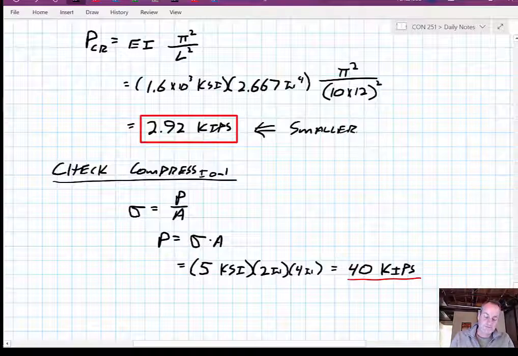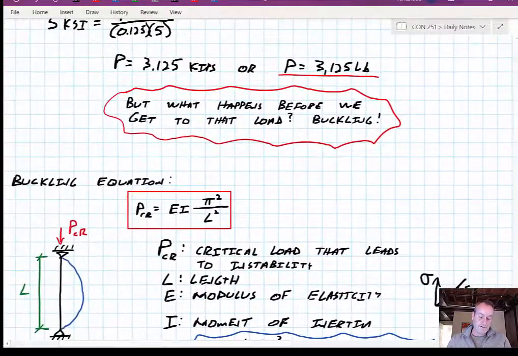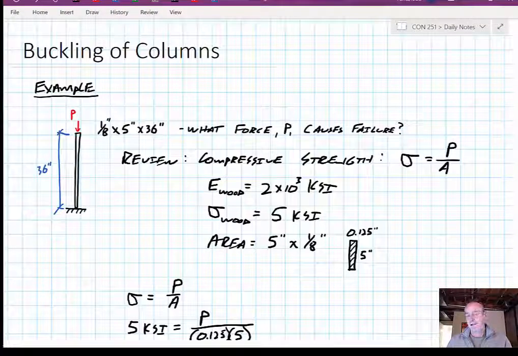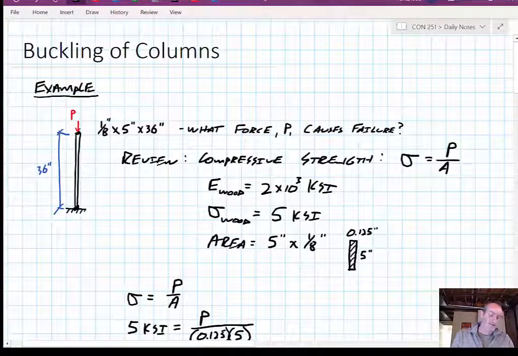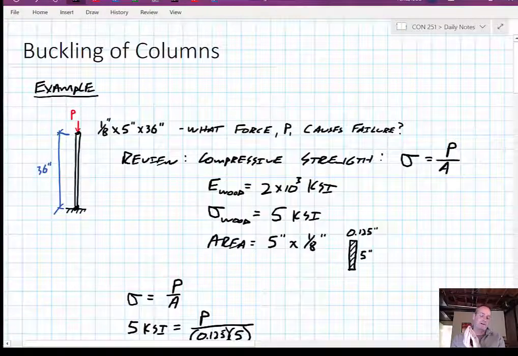All right, the only other thing that I would mention is, for those who are in a structures type class or have seen this buckling stuff before, the only thing I'm not really accounting for is how these ends are actually attached. This whole thing assumes that it's pinned on both sides, meaning the top and bottom are free to rotate.